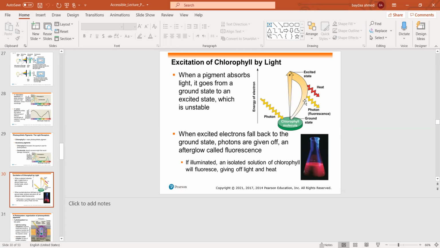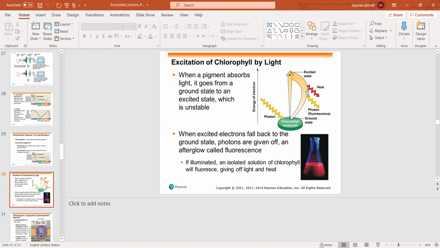So absorption of a photon causes a transition of the chlorophyll molecule from its ground state to its excited state. The photon boosts an electron to an orbital where it has more potential energy.